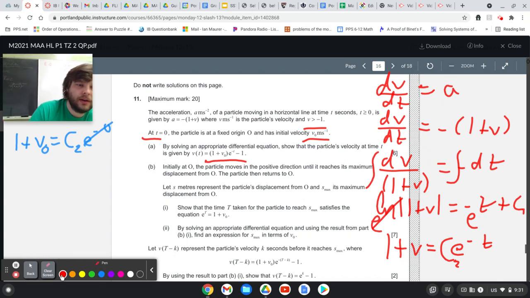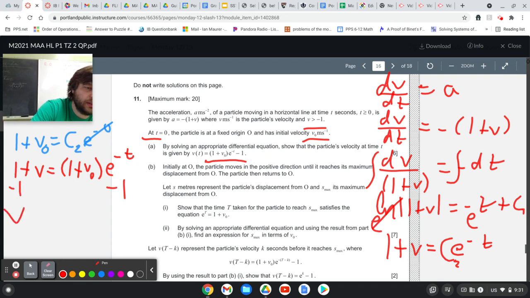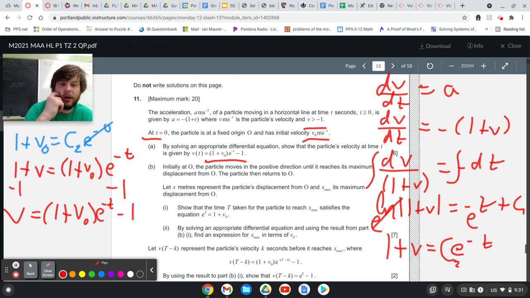So we can write out our equation now: 1 plus v equals our constant, 1 plus v naught, e to the negative t. Last step, subtracting 1, and we have the desired result, that v equals 1 plus v naught, e to the negative t, minus 1. Done with part 1.